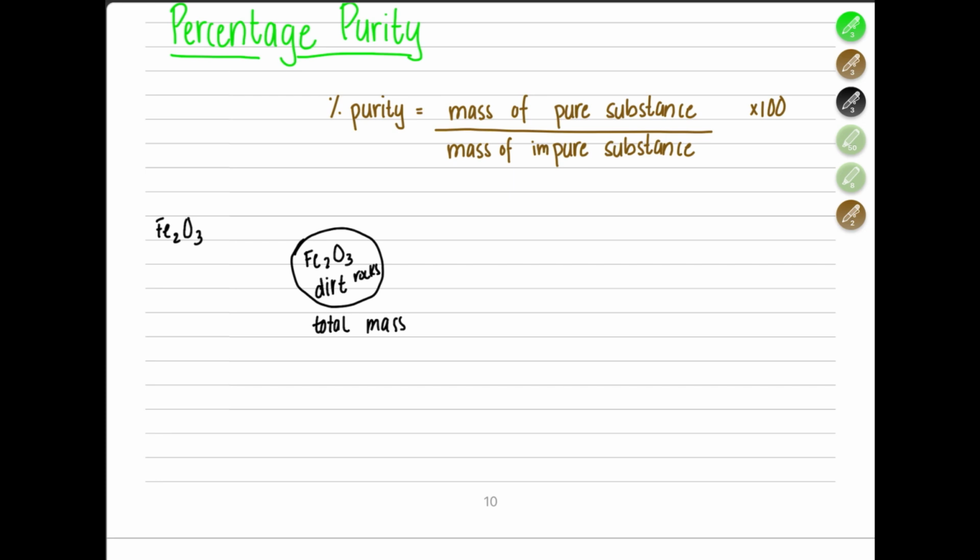For example, the iron oxide here has a mass of 2 grams, but the total mass is 6 grams. It has a lot of dirt. So 2 divided by 6 multiplied by 100. This is our percentage purity. This helps us find out how pure it is. If this was 2 grams of iron oxide and the total mass was also 2 grams, we would get 100% purity.